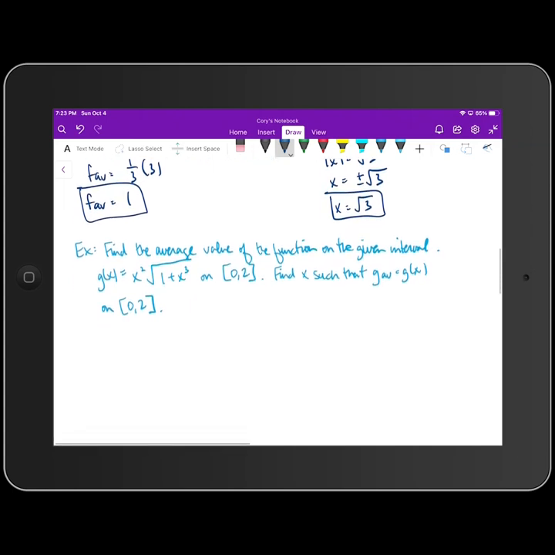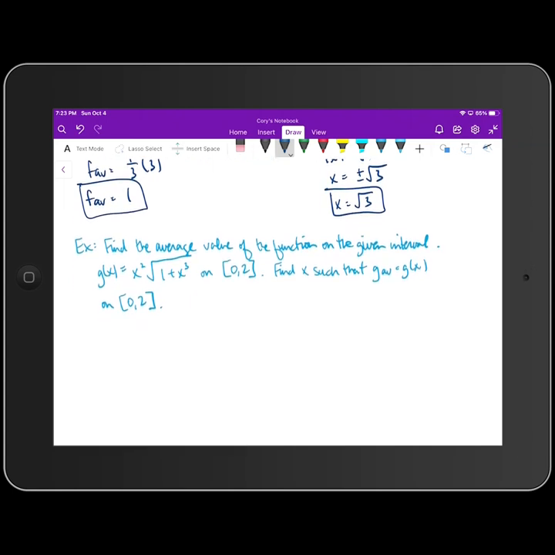Okay, so let's take a look at this one. If we want to calculate the average value of g, that's going to be g sub AV, which is going to be 1 over the length of our interval, 2 minus 0, times the integral from 0 to 2 of our function x squared times rad 1 plus x cubed, which we're integrating with respect to x.